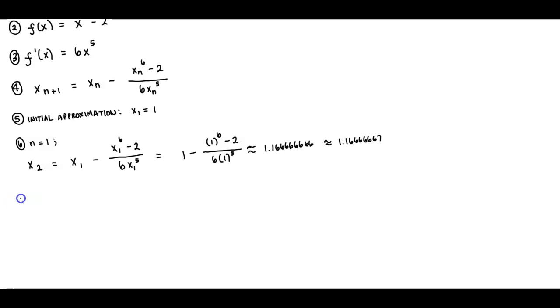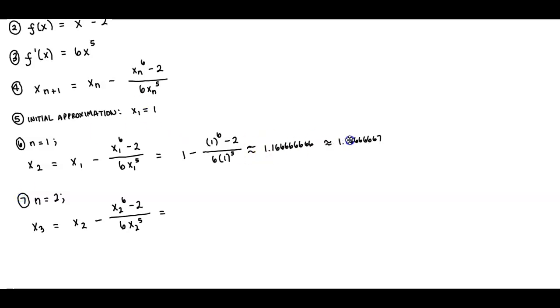Now in step number 7, if we let n equal 2, we're looking for x subscript 3. That means we're looking for x subscript 2 minus x subscript 2 to the 6th power minus 2 over 6 times x subscript 2 to the 5th power, which is going to equal the following.